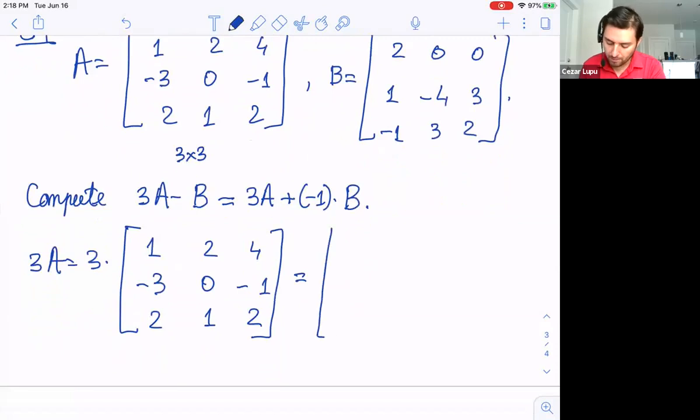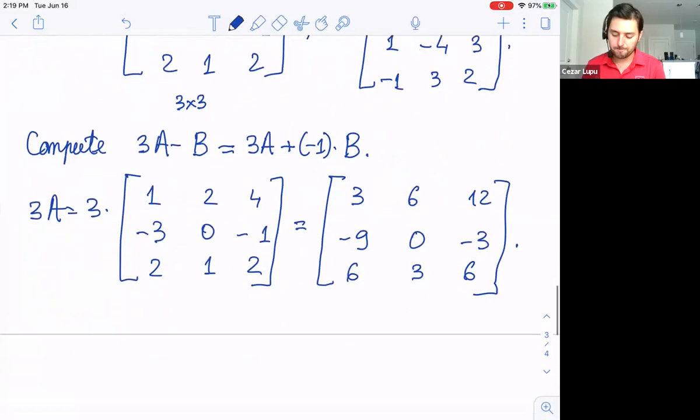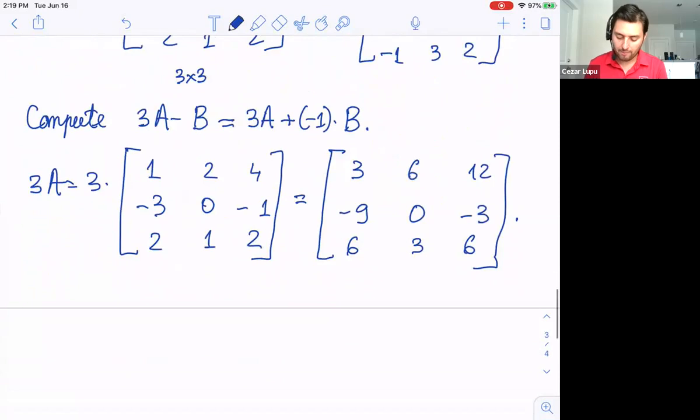So this will be equal to 3, then we'll have 6 here, then we'll have 12, then we'll have -9, 0, -3, 6, 3, and 6. Okay, great. On the other hand, we will also have -1 times B. So I will multiply the scalar -1.